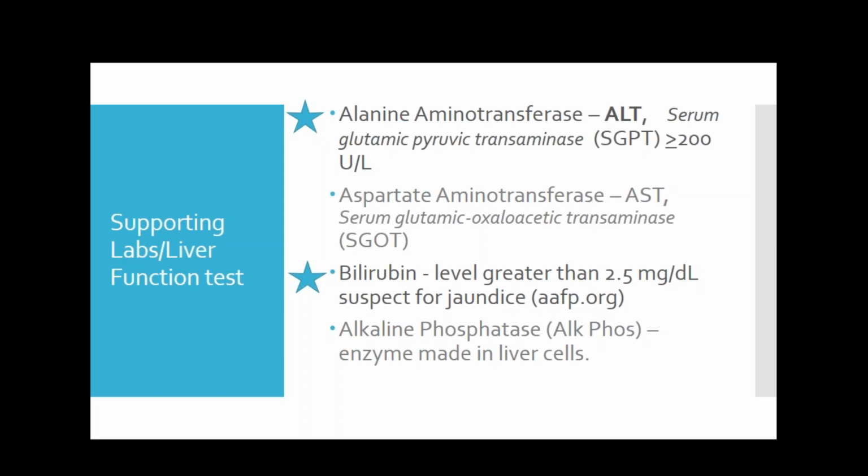Bili levels greater than 2.5 milligrams per deciliter may suggest that the patient presented with jaundice. Of even less importance is the alk phos level, but it is usually reported. It does not necessarily reflect liver damage or inflammation, but rather a blockage of flow in the biliary tract or a buildup of pressure in the liver. Many with HCV will have normal alk phos.